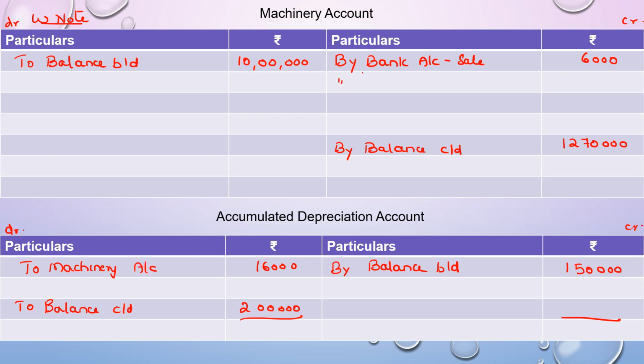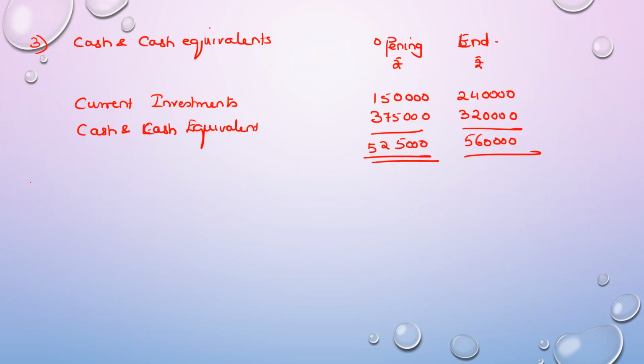Therefore, it will come on the credit side like this, to the accumulated depreciation account, transfer of the 16,000. Now, further in the detail to calculate, the cost of that machinery which was sold was given to be 24,000. And they said related to that the accumulated depreciation was 16,000.